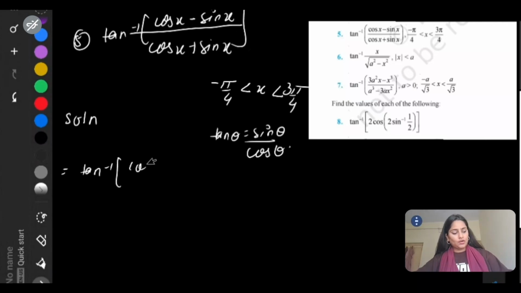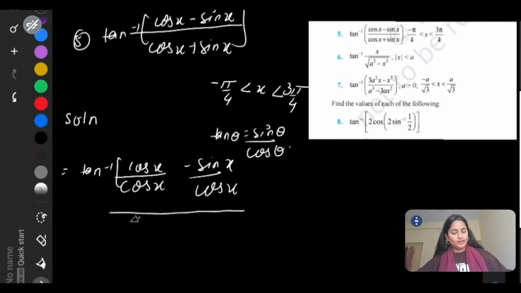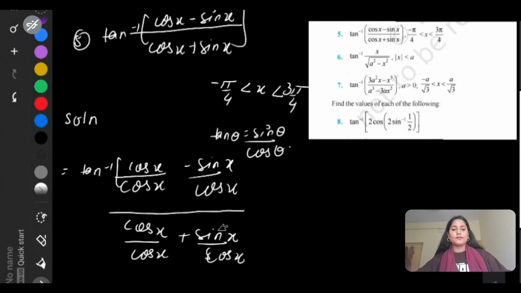So tan inverse of (cos x divided by cos x minus sin x divided by cos x), and then the whole divided by (cos x divided by cos x plus sin x divided by cos x). Here we have divided by cos x in the numerator and denominator, so this will be 1 and 1.